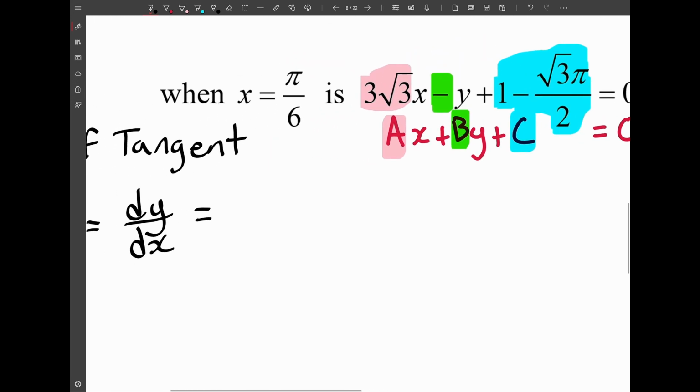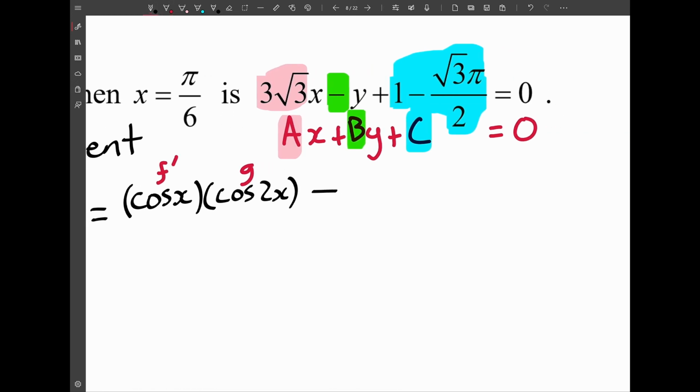So what that gives me is cosine of x times cosine of 2x, that's our f prime and g, minus negative 2 sine of 2x times sine of x.